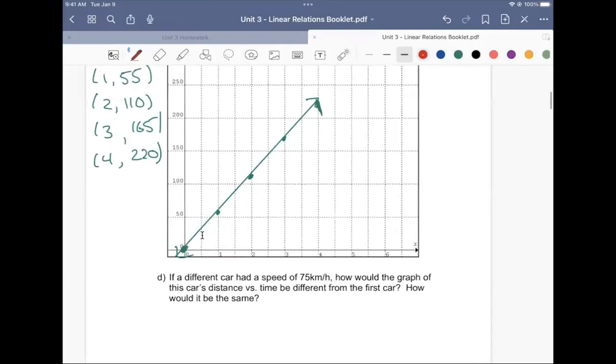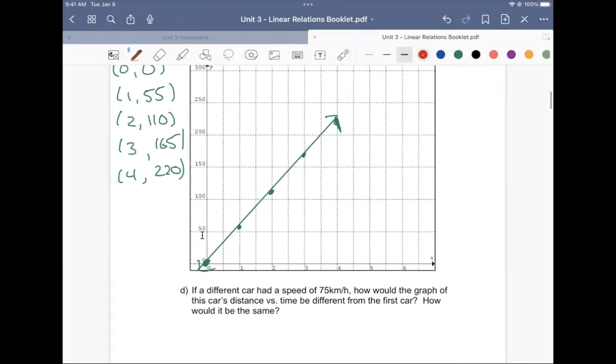So if we're going 75 kilometers per hour, that means, I'm just going to write this one was 55 kilometers per hour, that means at 0 hours into my drive, I've gone 0 kilometers. I'm still parked in my driveway. After the first hour, I should be able to have gone 75 kilometers because my speed hasn't changed.